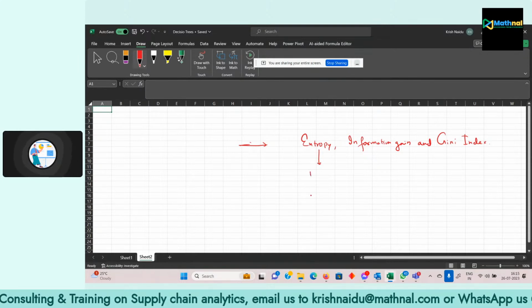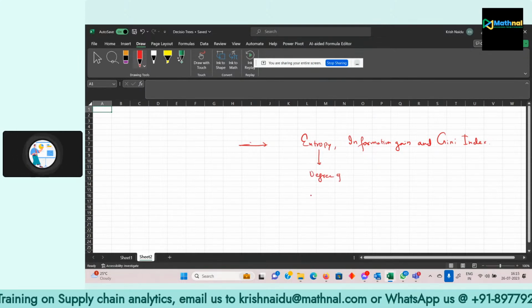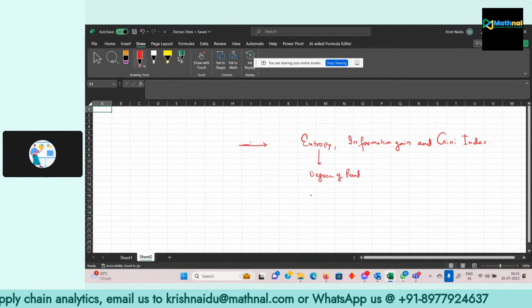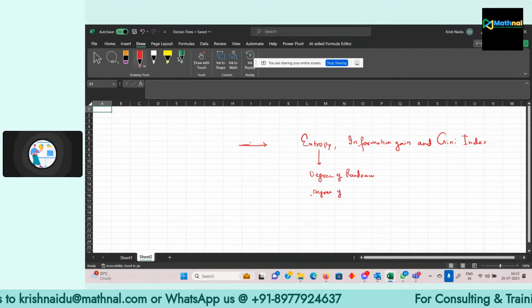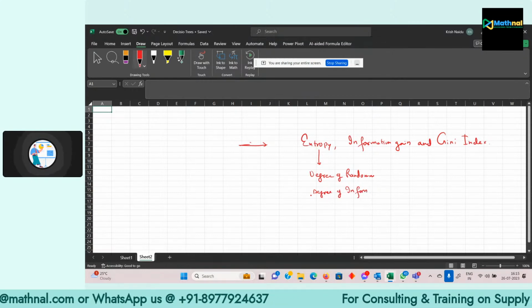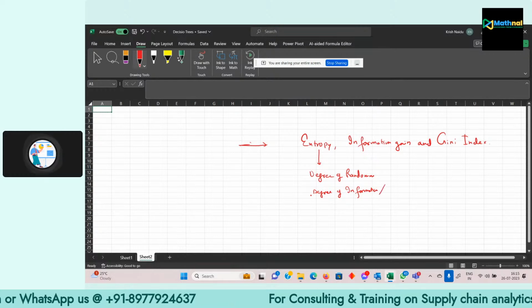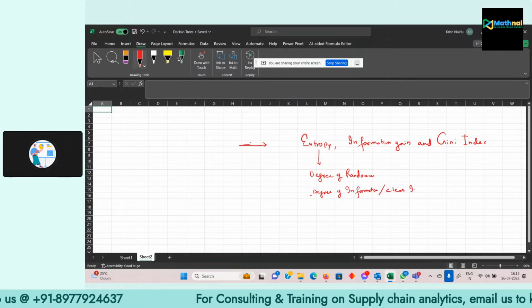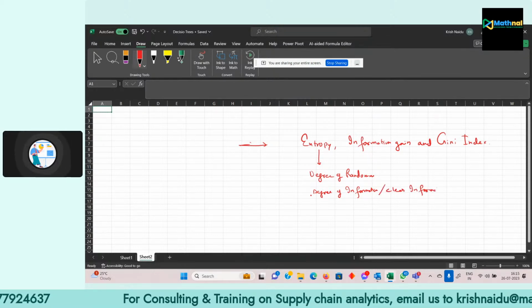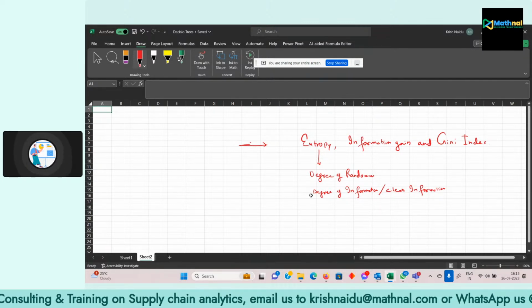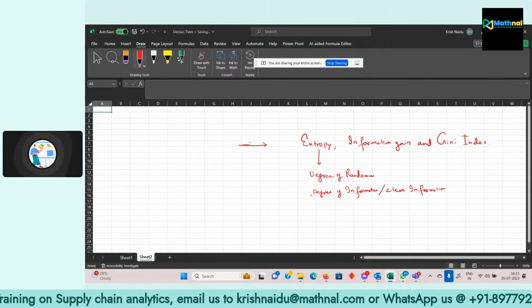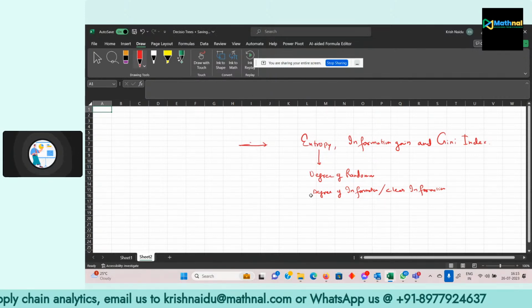Entropy is, we know, the degree of randomness or degree of information available, or clear information available. If the information is not very clear, we cannot make a decision. If the information is very clear, we can make a decision, right? So how confused is the information?